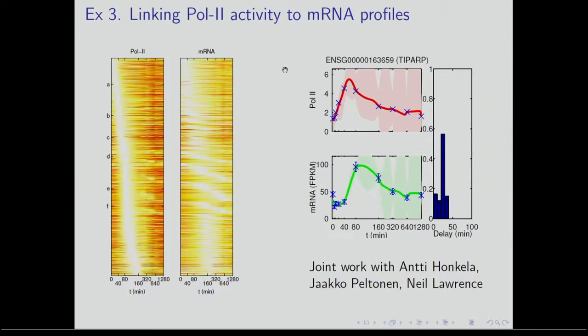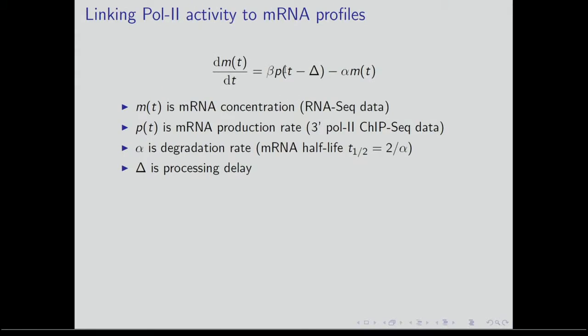And finally, these methods are also applicable to simple differential equation type models of dynamics. So in this work, we had some POL2 data and some RNA data, and we wanted to link that in order to understand the delays in the RNA relative to the POL2. People have done this with a number of different approaches, and this is one way to do it, which I think has some nice features.